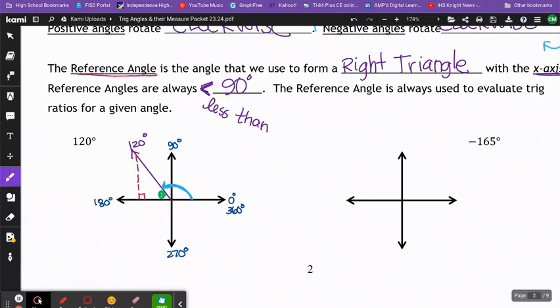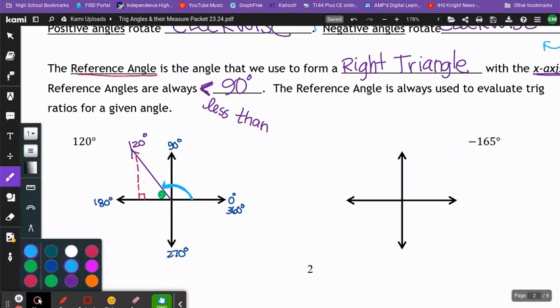The reference angle also has to be inside of a right triangle. So that's what I did here. I formed a right triangle. I'm labeling that theta. Now I have to figure out how many degrees is my reference angle. My reference angle is called theta, and I need to know how many degrees it is. I know from here to here, it's 120.